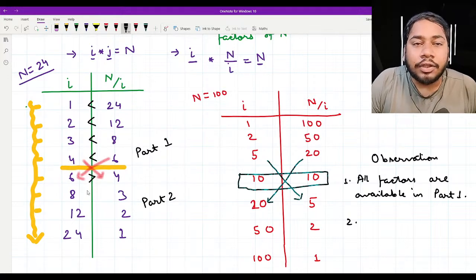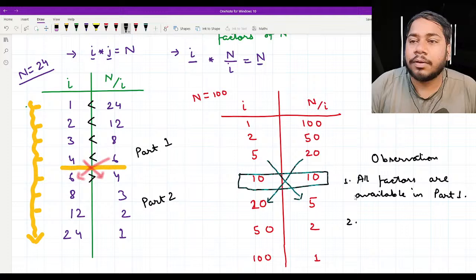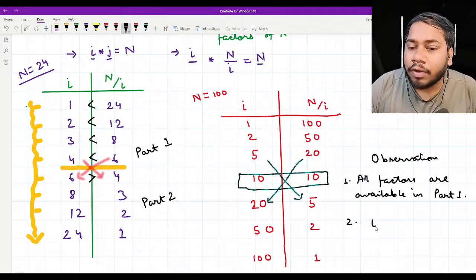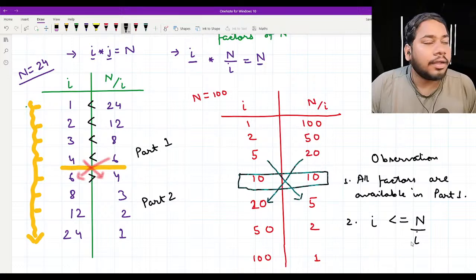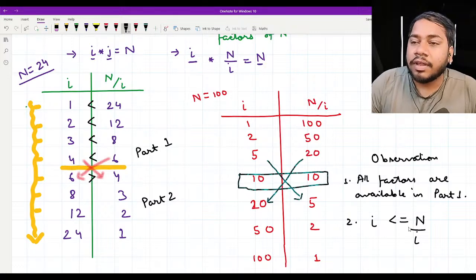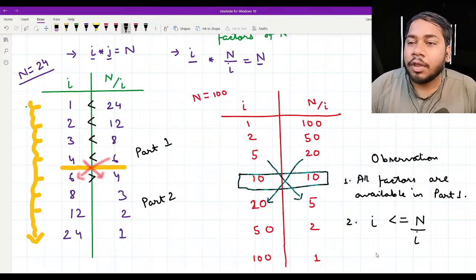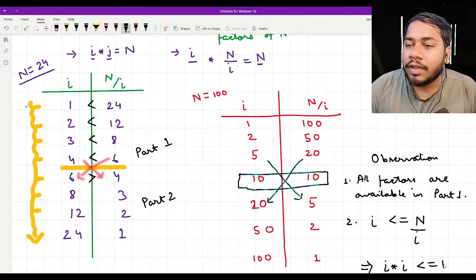So we can use that as a condition. What can we write? I should always be less than or equal to N by I. From this, we get I into I should always be less than or equal to N.